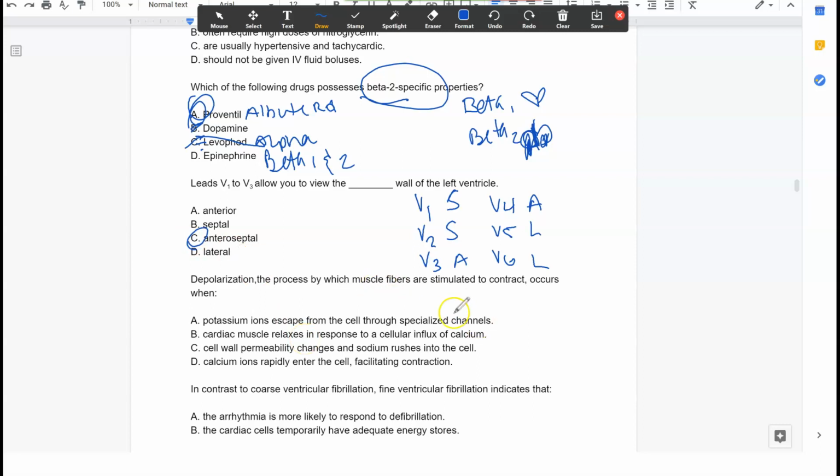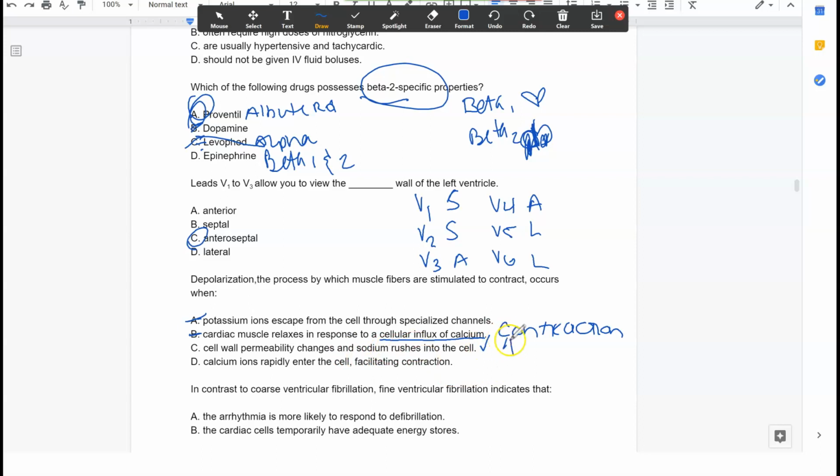Depolarization, the process by which muscle fibers are stimulated to contract, occurs when? All right. Potassium ions escape. No, that's later on. It's not during depolarization. Cardiac muscles relax in response to a cellular influx of calcium. No, a cellular influx of calcium causes contraction. Cell wall permeability changes and sodium rushes into the cell.